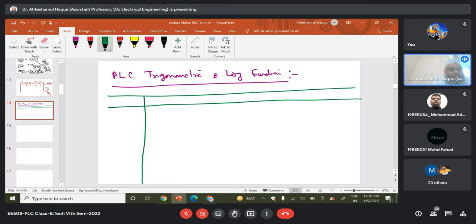I'll be having functions, then I'll be having symbol, then I'll be having source, then I'll be having destination. So I have function, symbol, source, then I have destination.